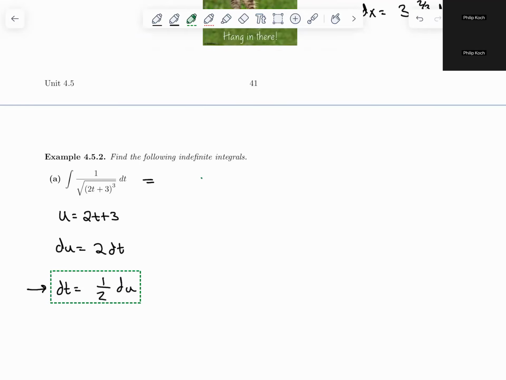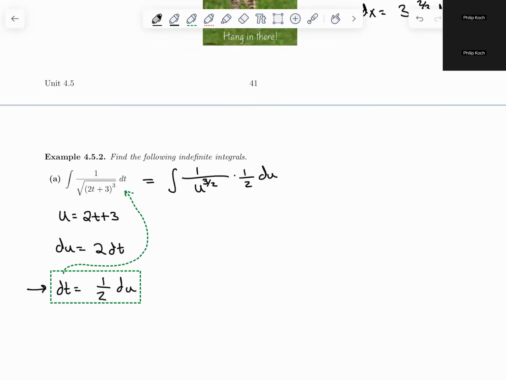Substitute that in, and we get the integral of 1 over u to the 3/2 times 1/2 du. Remember, we have the square root of something cubed.